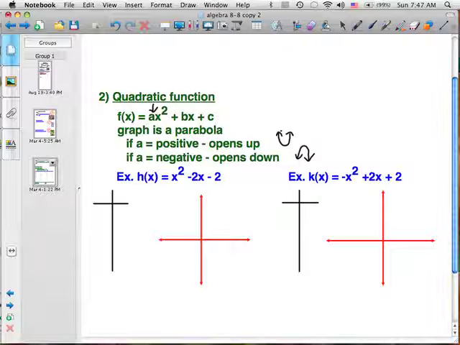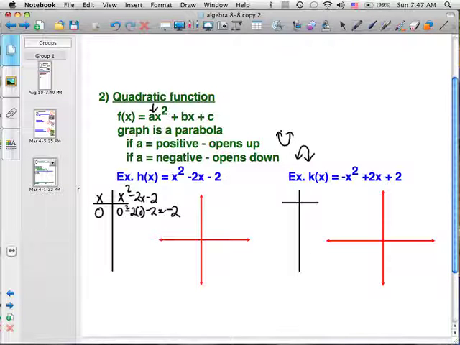We're going to evaluate this quadratic function at several points and then graph it. So this is the value for x, and this is x squared minus 2x minus 2. If I evaluate it at 0, I get 0 minus 2 times 0 minus 2, which is negative 2.